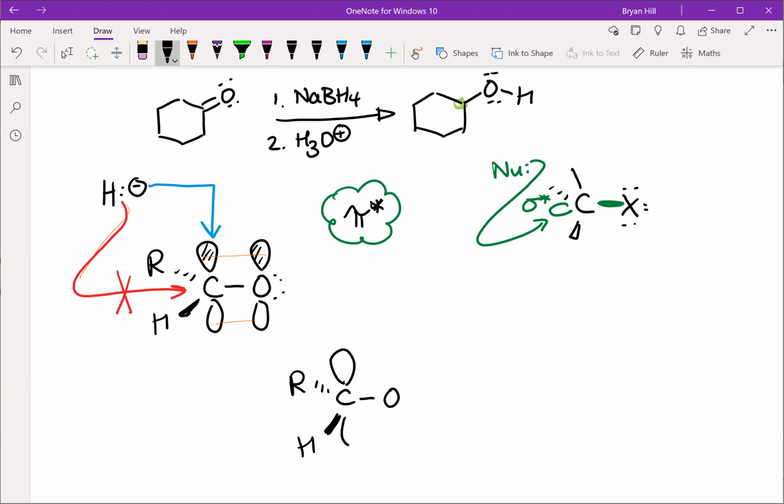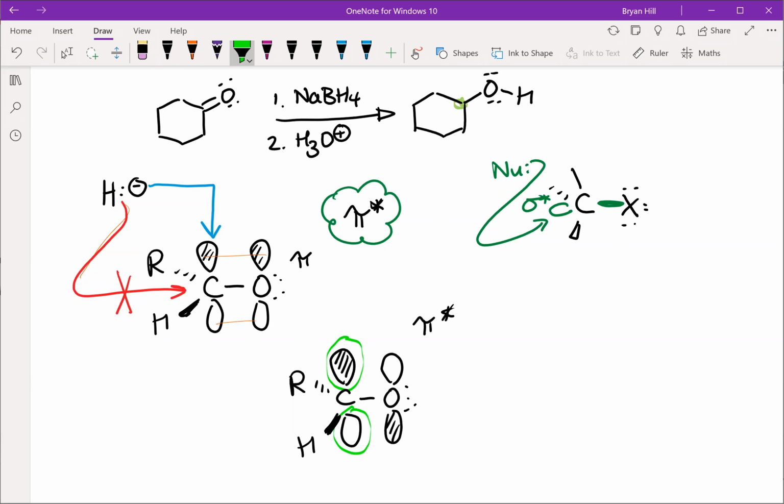So when they're in phase, it's a pi bond. When they're out of phase, it's the pi star. So it has to be attacking this lobe here, or this lobe here.